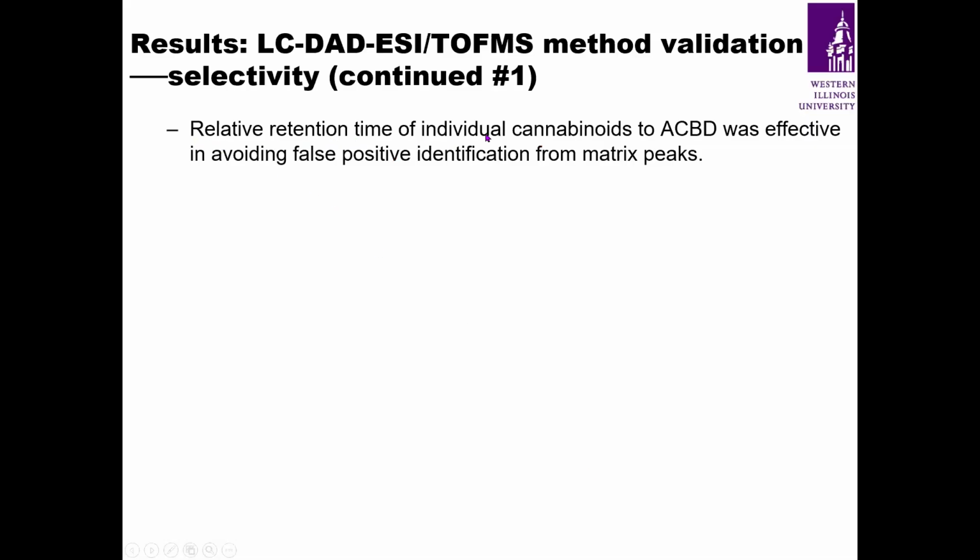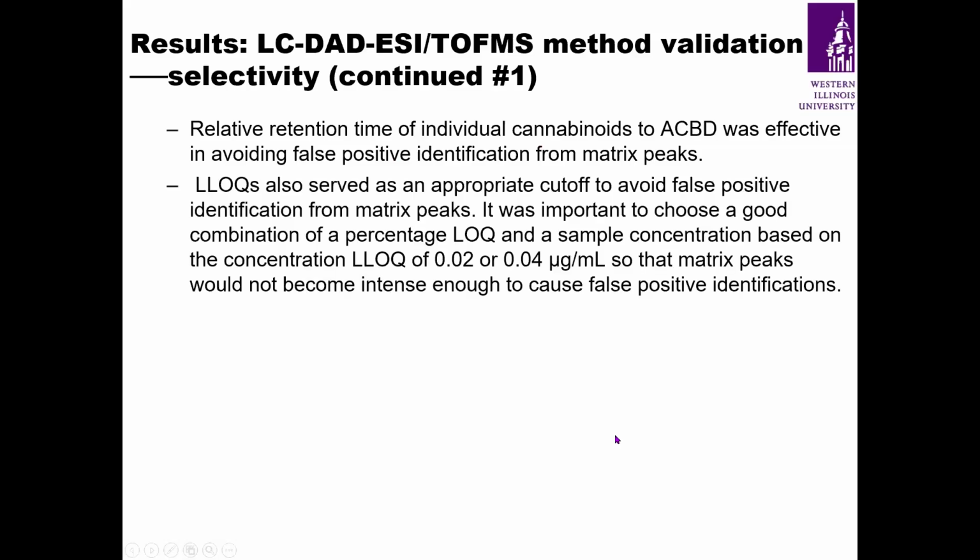Relative retention time of individual cannabinoids to the internal standard ACBD was effective in avoiding false positive identification from matrix peaks. LLQs also served as an appropriate cutoff to avoid false positive identification from matrix peaks.